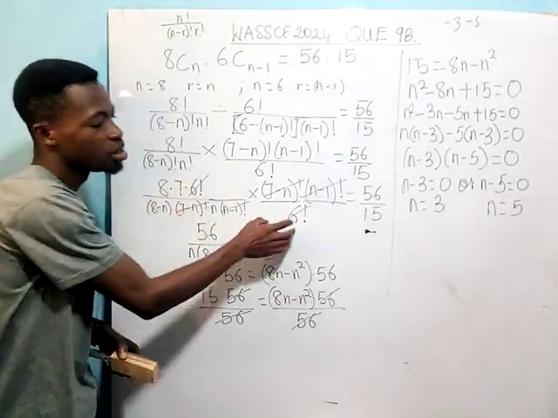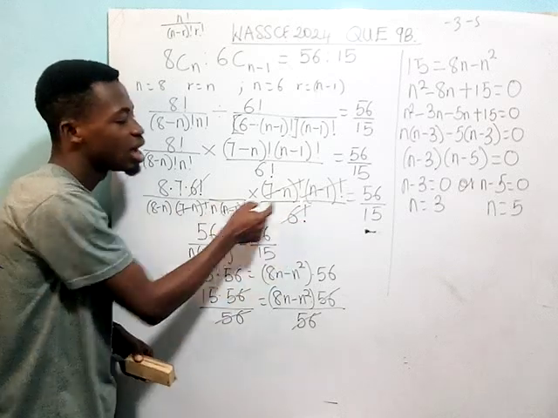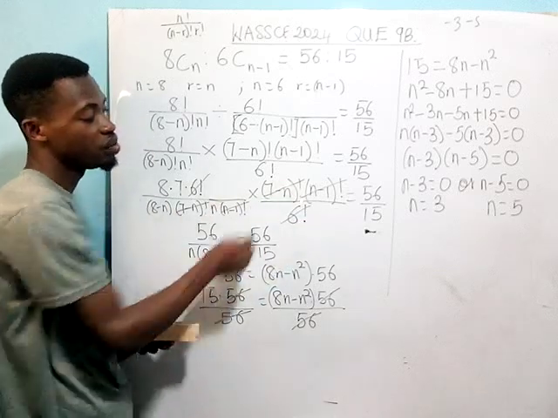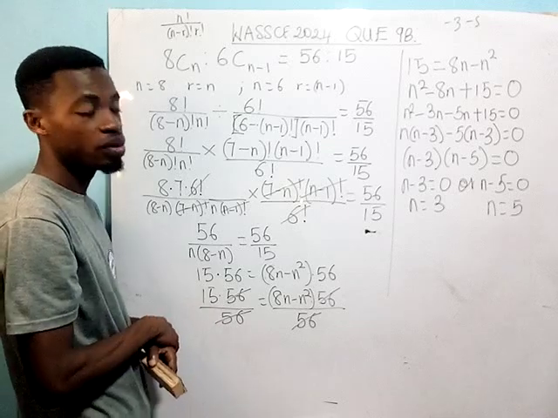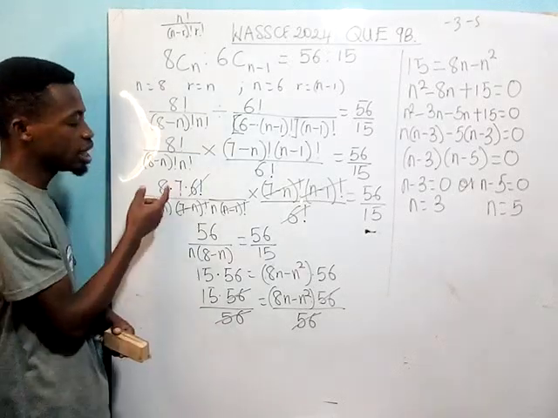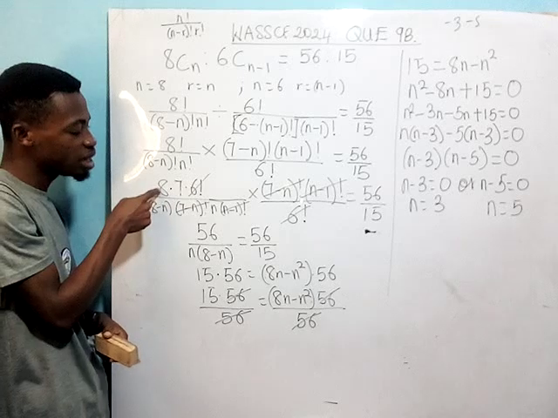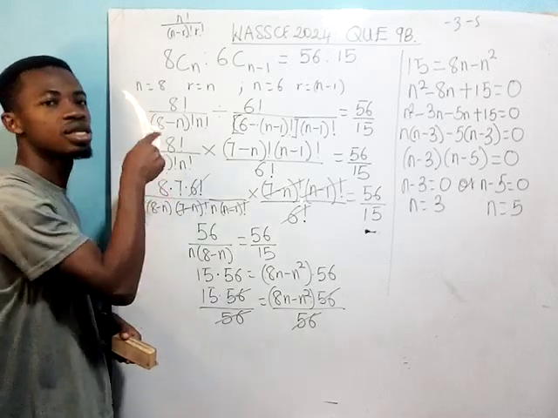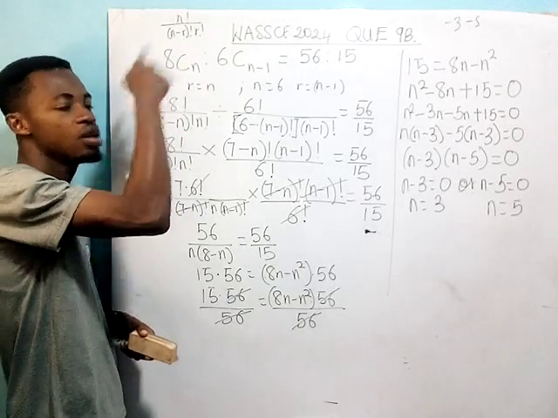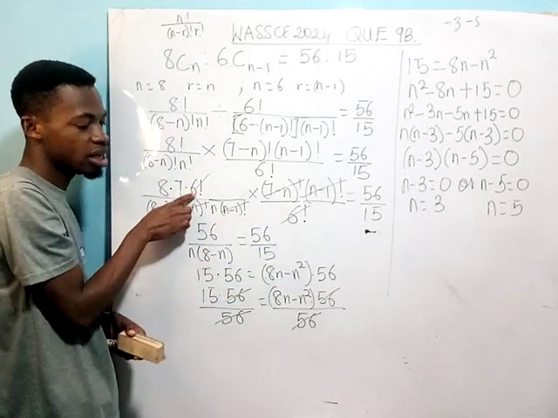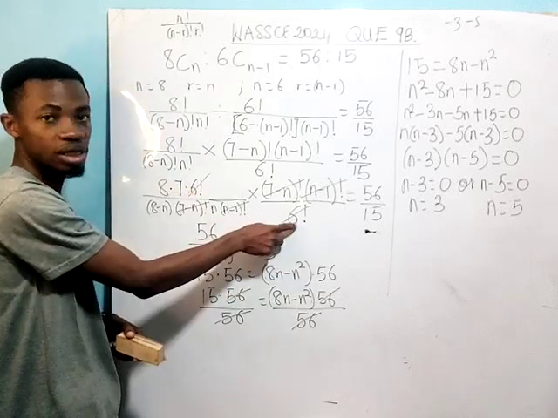Then we said we need to clear the 6 factorial, as well as the 7 minus n factorial and n minus 1 factorial. So we know that 8 factorial here can be expressed as 8 times 7 times 6 times 5. So because of the 6 factorial, we end here. So 6 factorial to cancel it out.